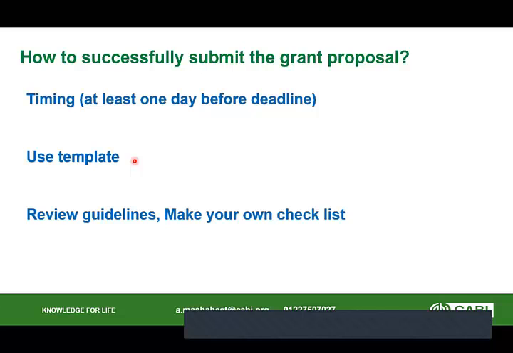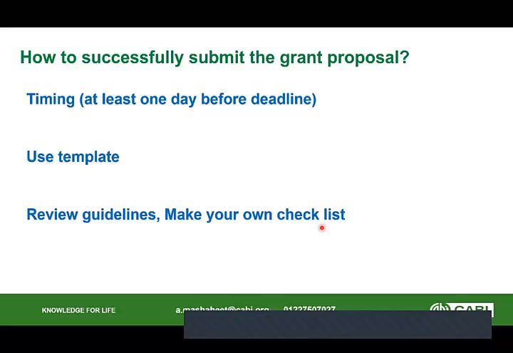So it's your last chance to double check yourself on the template, and whether or not you have used it appropriately. Again, it is very important to review the guidelines of the grant proposal submission. And in this case, it helps a lot if you have prepared your own checklist. Some grant proposals provide you with a pre-prepared checklist, and these are very good ones.